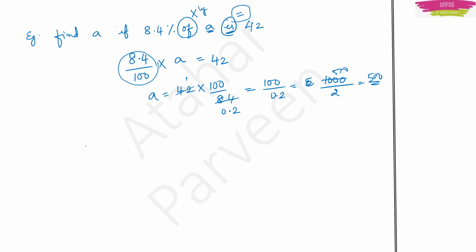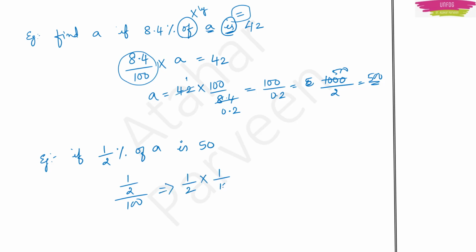Okay. Another example. Find A if 1.2% of A is 50. You write 1 by 2 by 100. This you can write as 1 by 2 into 1 by 100, right?